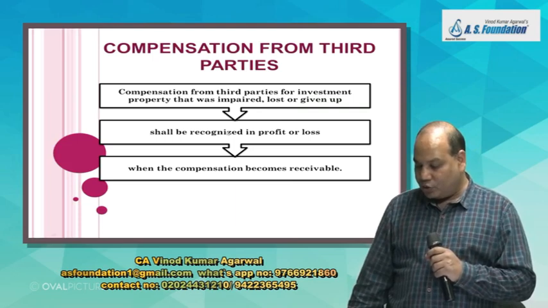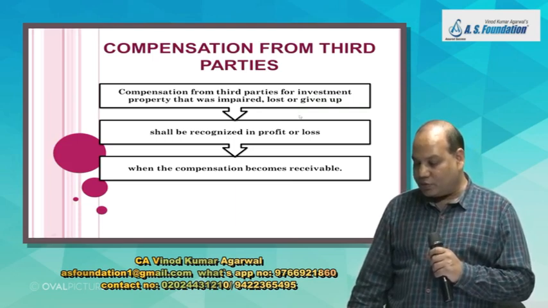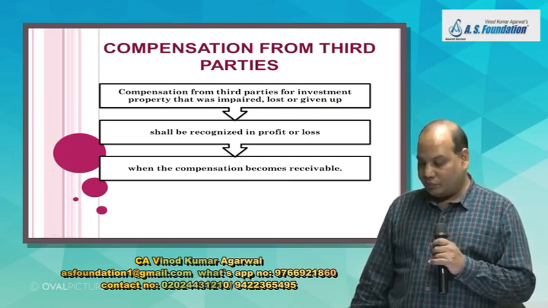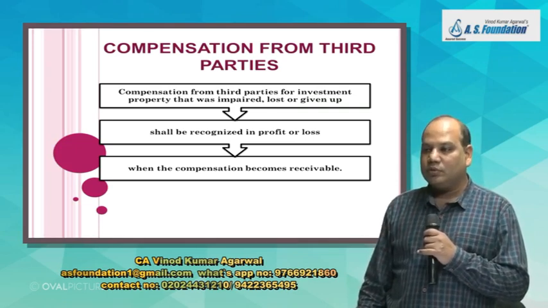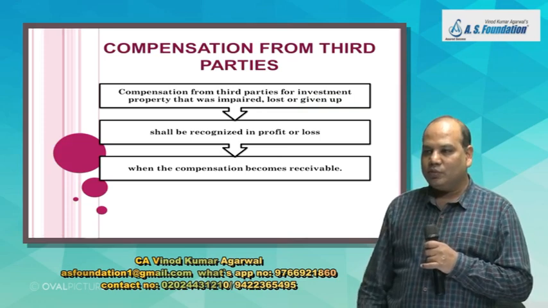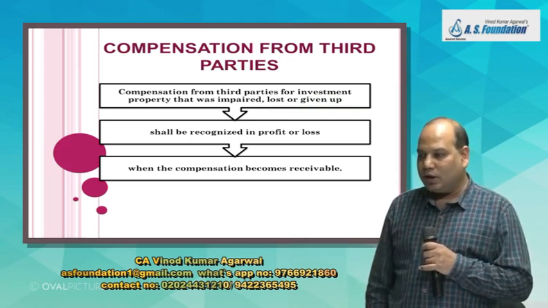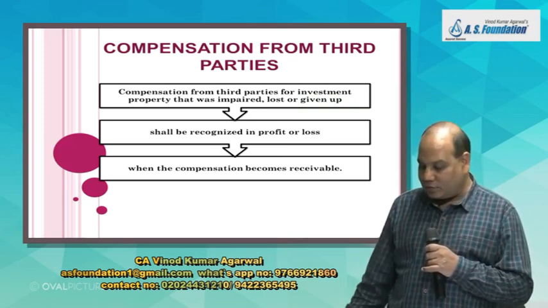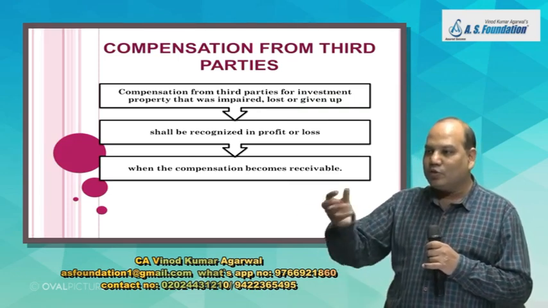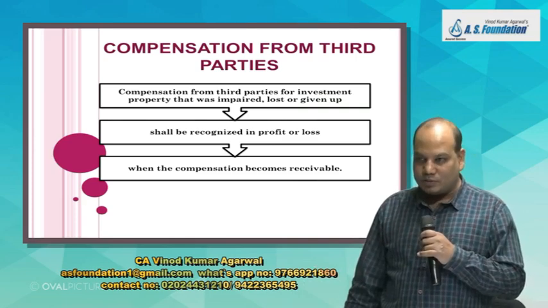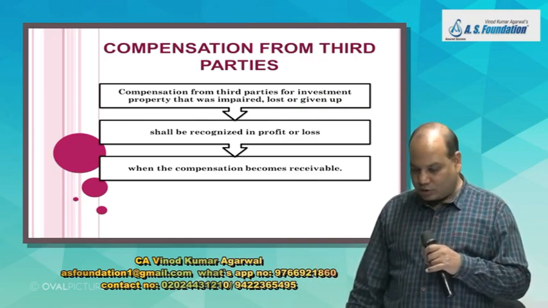Thereafter, you will recognize the compensation from third party when the compensation becomes receivable. We have solved a similar problem in IAS 16 also. You can refer to that. You can only change the name of the asset from machinery to investment property. So I'm not taking the same question again.